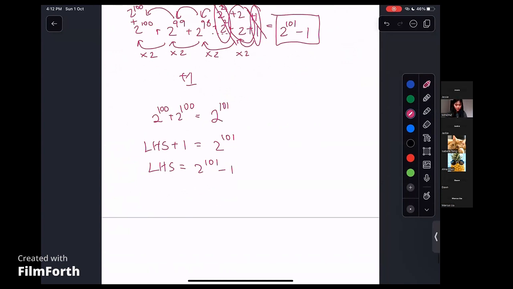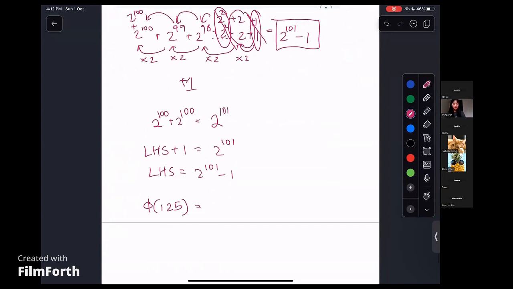So let's consider what phi of 125 is. Remember that 125 is 5 to the power of 3. What would phi of 125 be?